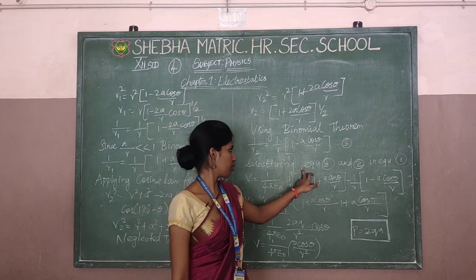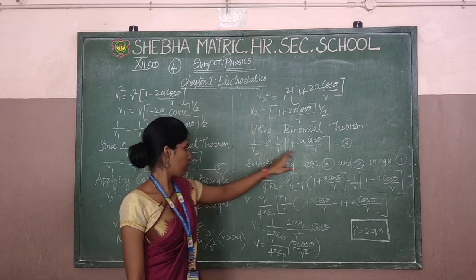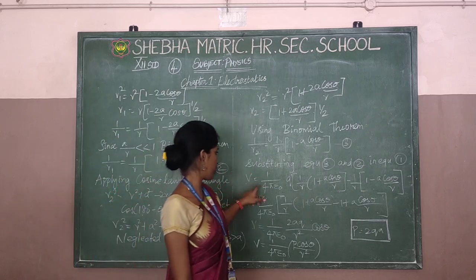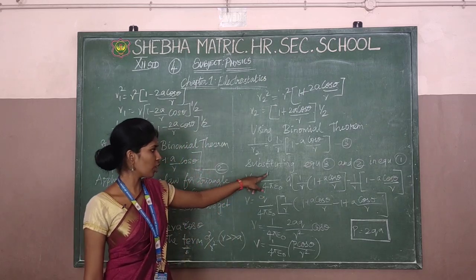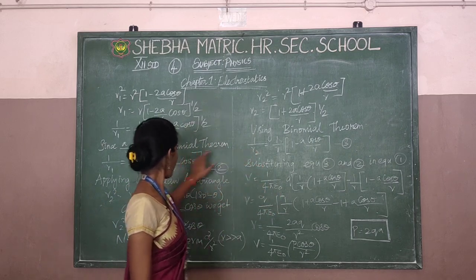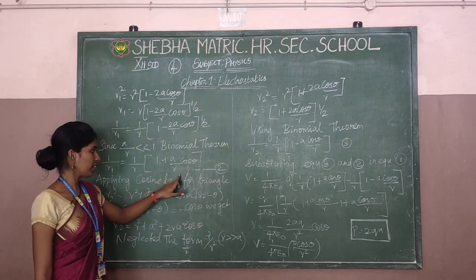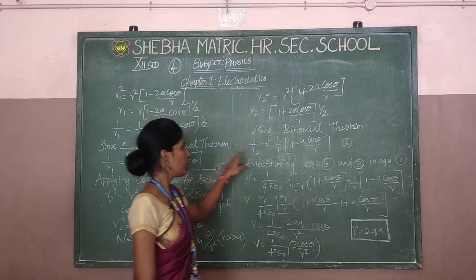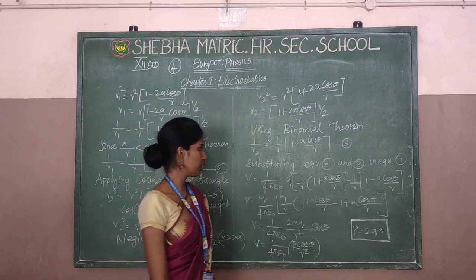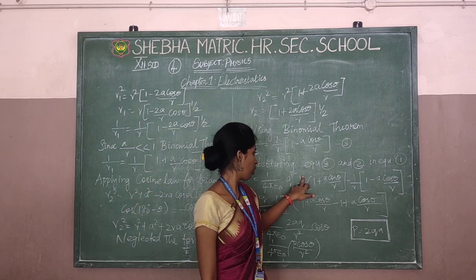So substituting the third equation and the second equation in the first equation. What did we see in the first equation? V is equal to 1 by 4 pi epsilon naught, q times the whole bracket.